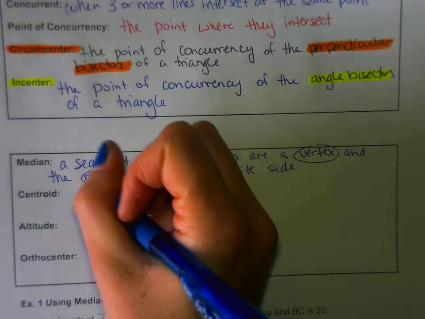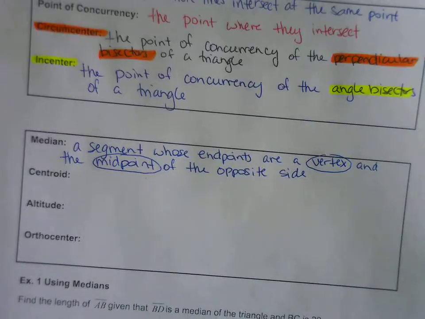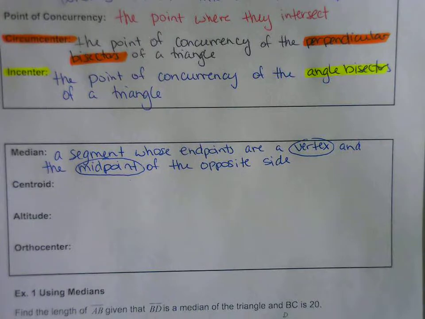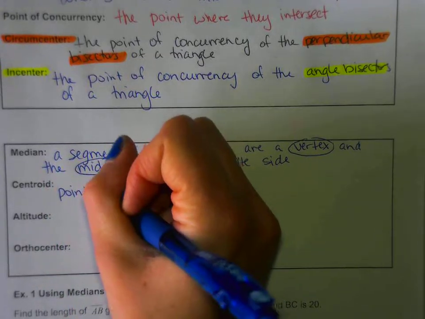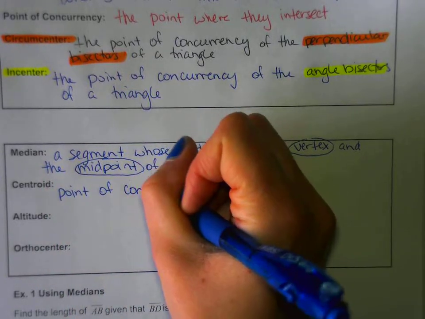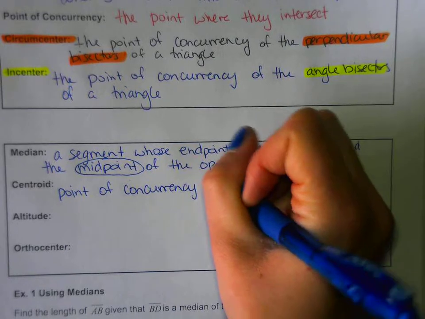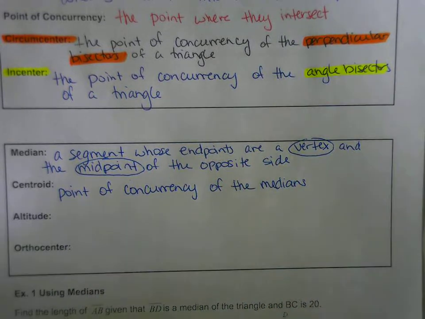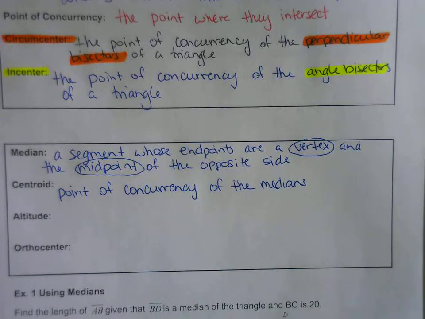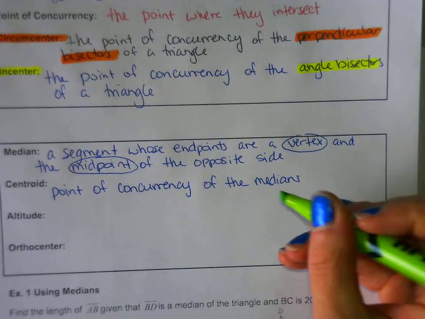A centroid is the point of concurrency of the medians. So if I have a triangle and I draw in my three medians, where they all intersect would be the centroid.